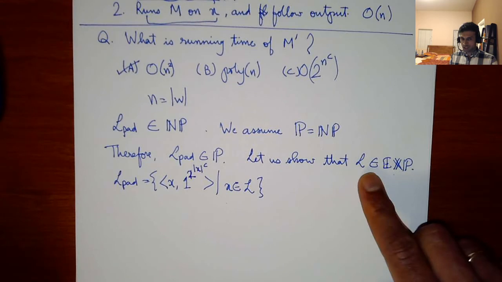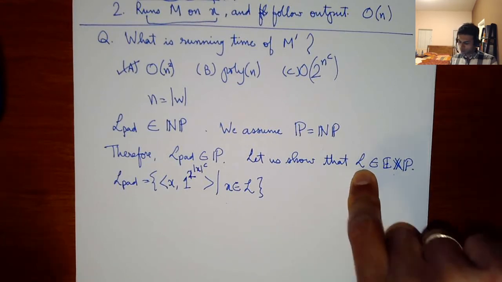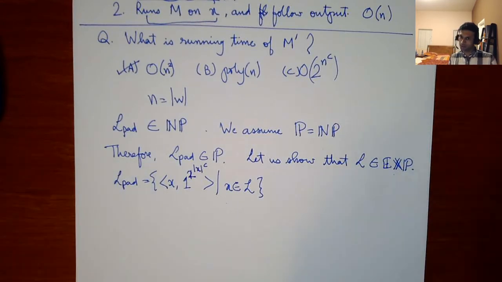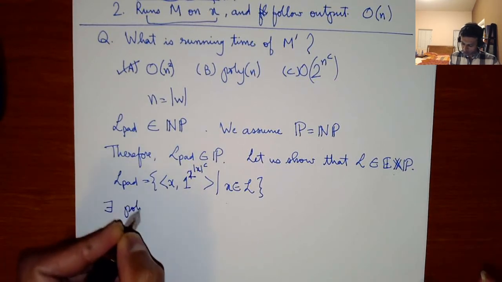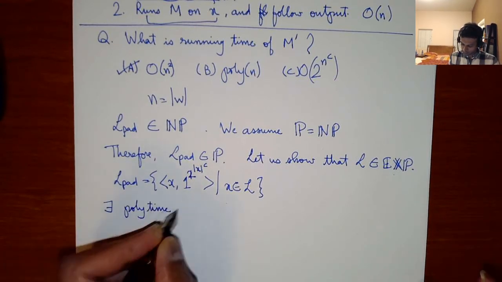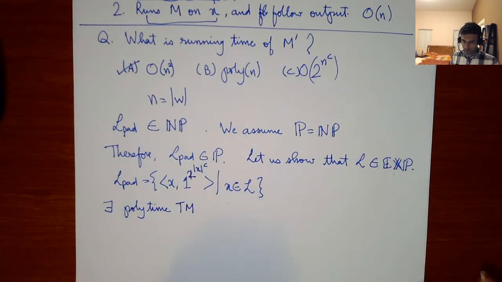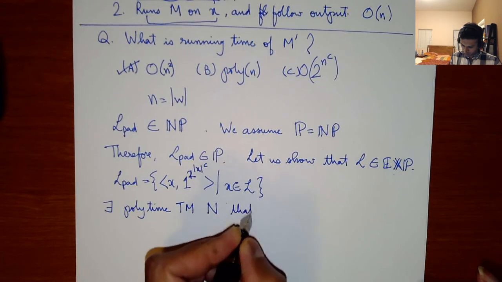For L, you want something for L. You have a machine for LPAD. Okay, let me write this down, right? So there exists a polynomial time Turing machine, and let me call that N, that decides LPAD.